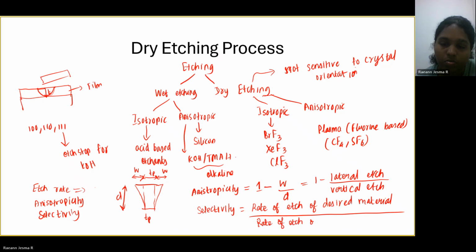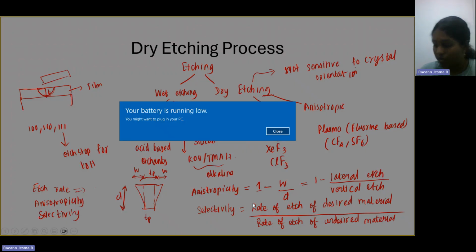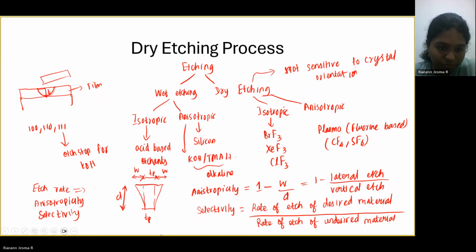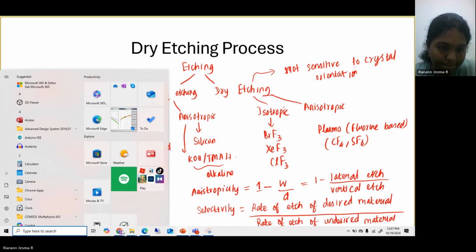So these are two terms that will generally come up in etching. Like I told you, there are two types of etching, isotropic or anisotropic. If it is isotropic etching, what will your anisotropicity be? If you have an isotropic etching profile, what will be the value of anisotropicity?